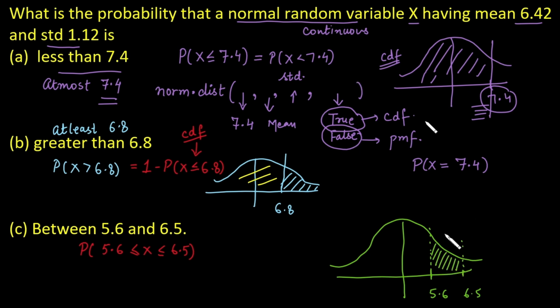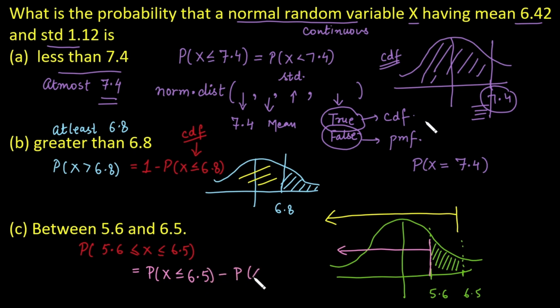So to calculate this area, find first the probability when x is less than equal to 6.5, and after that find the probability when x is less than equal to 5.6, and then subtract these two values. It means find the probability of the random variable less than equal to 6.5 minus probability of x less than equal to 5.6.